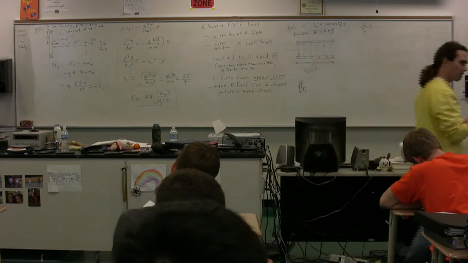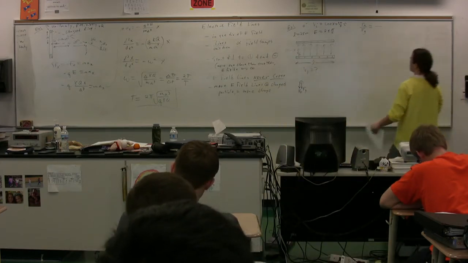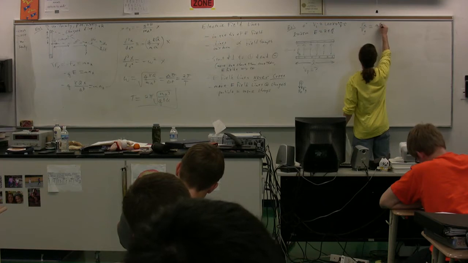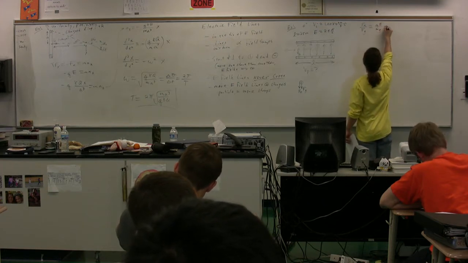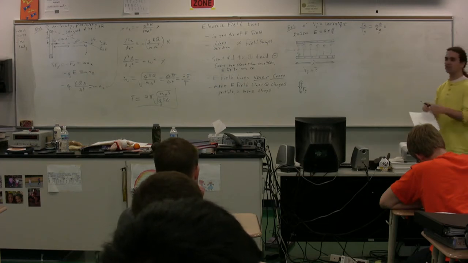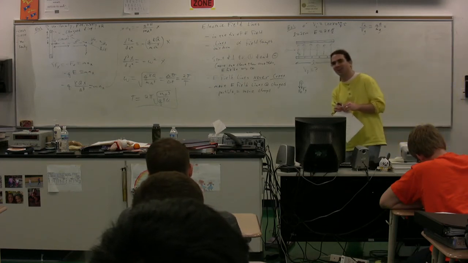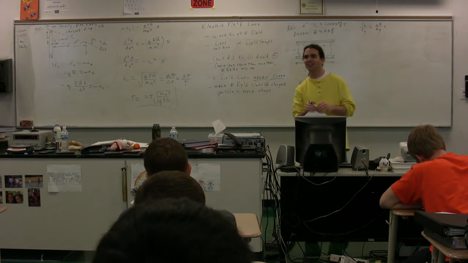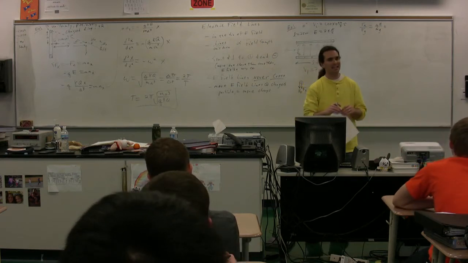Nick? It's just going to be Q times the electric field. Q times E. The force of gravity is M times G. What is the charge of an electron? 1.60 times 10 to the negative 19. Good, 1.60 times 10 to the negative 19.